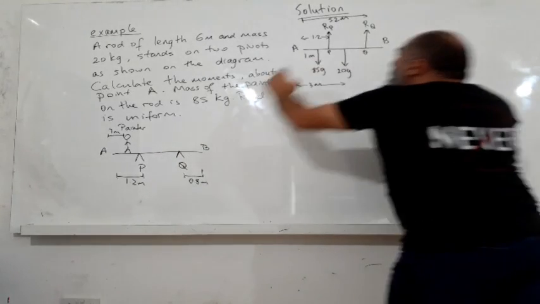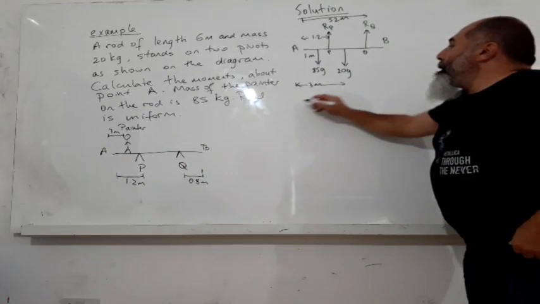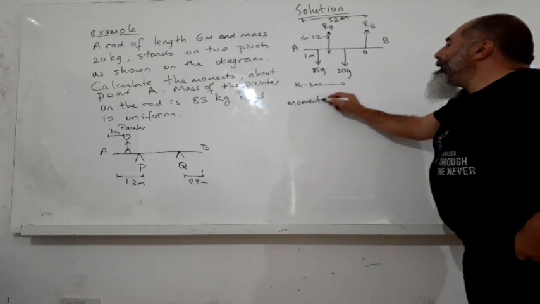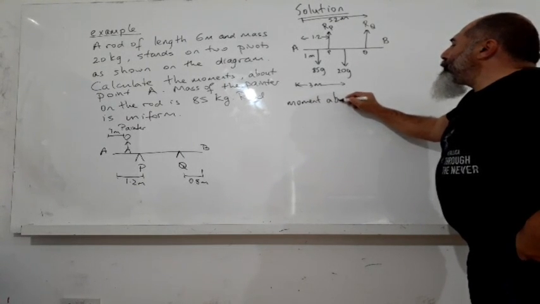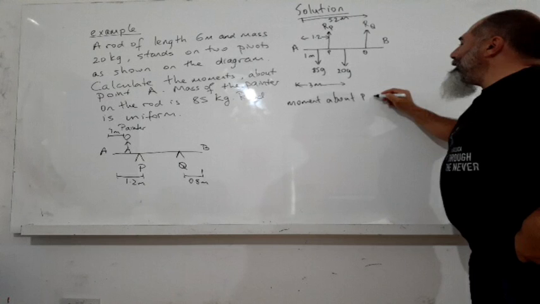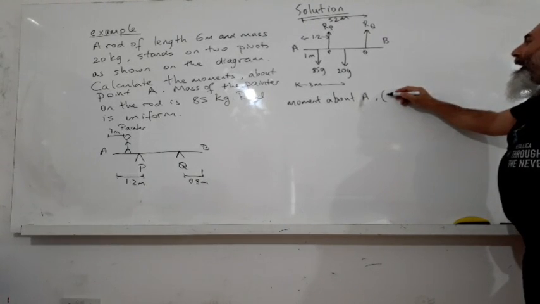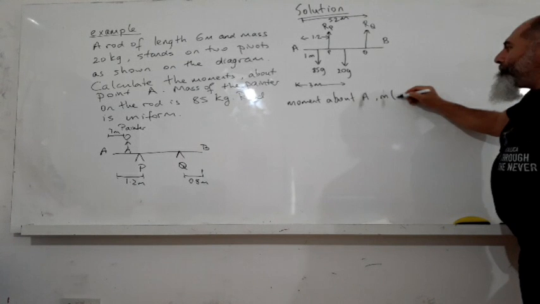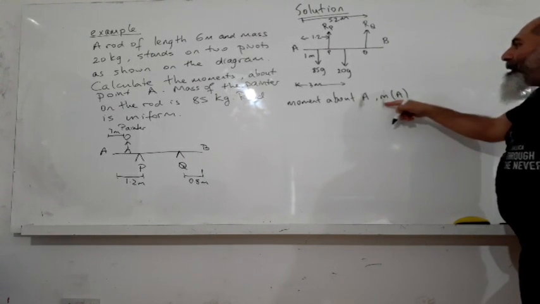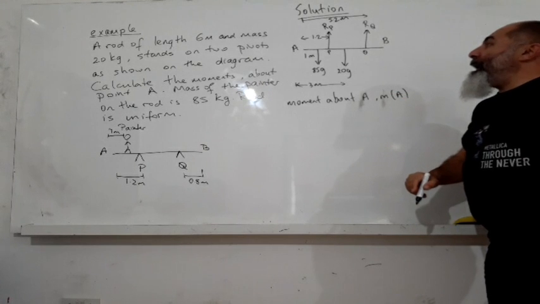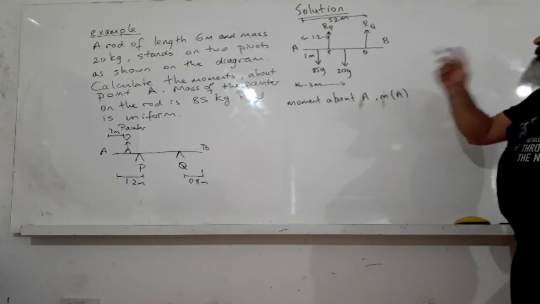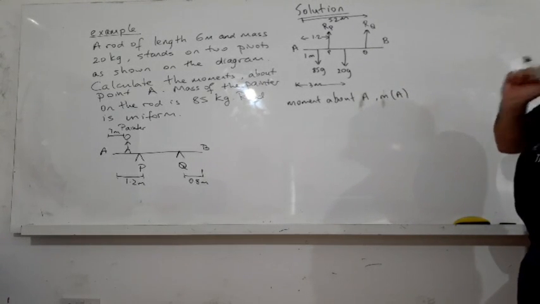So, moment about point A, or we can write it as MA, which means moment about A. We have two directions for the moments. We have the clockwise ones, also we have the anti-clockwise ones.